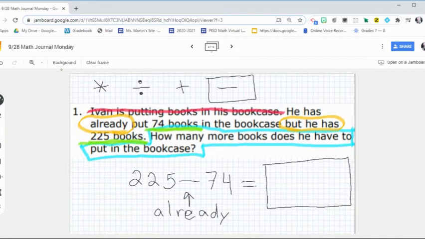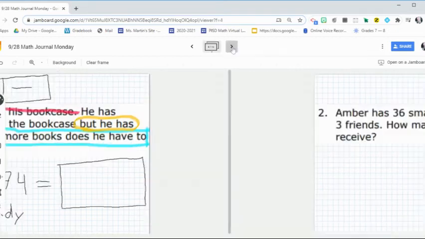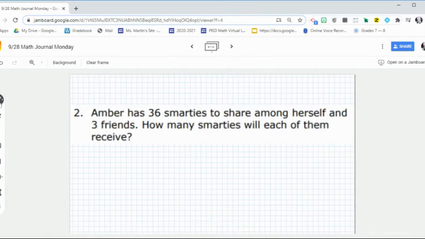Let's look at one more. Amber has 36 Smarties to share among herself and her friends. How many Smarties will each of them receive? Step 1, box the main question.